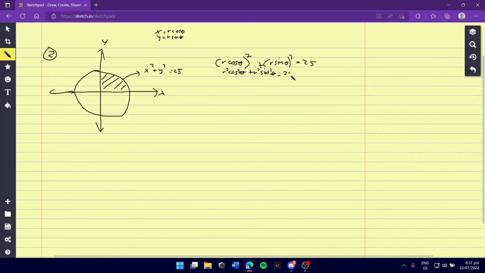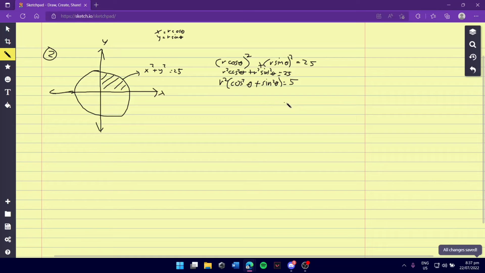Then this will be 25. And then simplify. Since it has the same r and the same exponent, we're going to factor out r squared first, then multiply it to the cosine squared theta plus sine squared theta, and then we will get the root of the 25, which is 5.